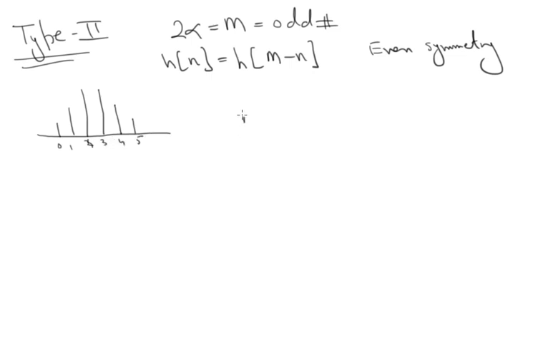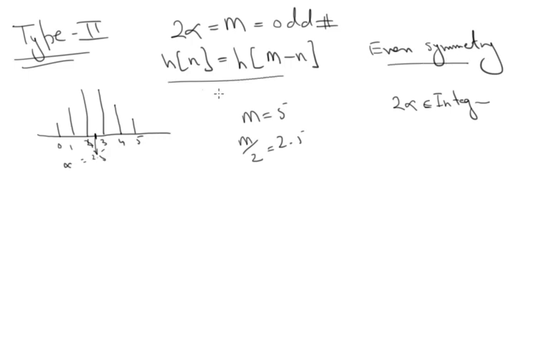In this case you have m is equal to 5, but here m by 2 is equal to 2.5 and this is 2.5, which is your alpha. And in the previous lecture I told you if 2 alpha is the integer, then your impulse response is symmetric around alpha. So here your m is odd number, but you have still even symmetry.